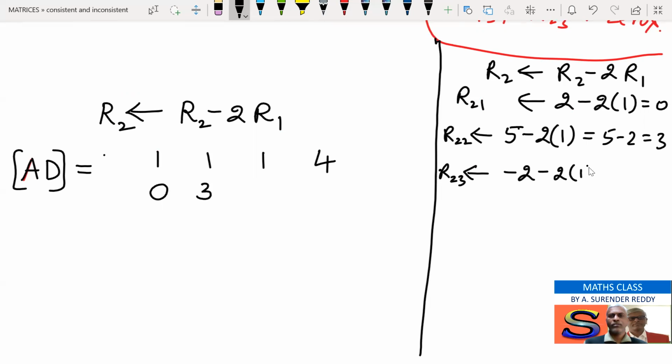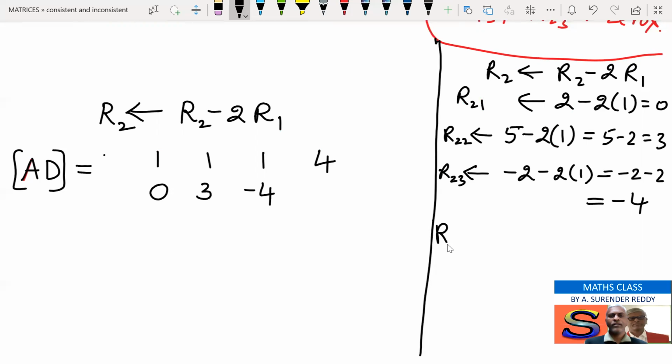So 2 into 1, that is equal to minus 2, minus 2, that is equal to minus 4. So this element, minus 2, becomes minus 4.